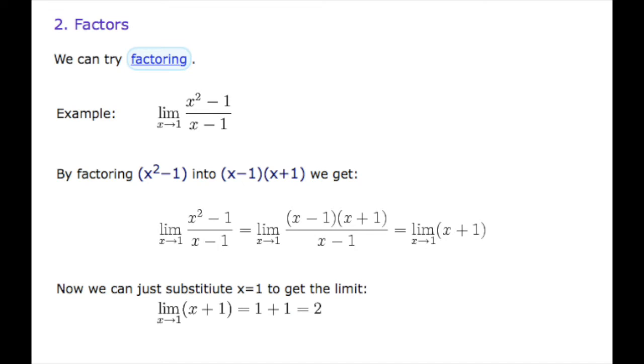So, we will get the limit of x plus 1 as x approaches 1. By factoring and canceling, now we can just substitute x equals 1 to get the limit. So as we substitute the value of x, which is 1, we will get the answer 1 plus 1 equals 2. So the limit is 2.